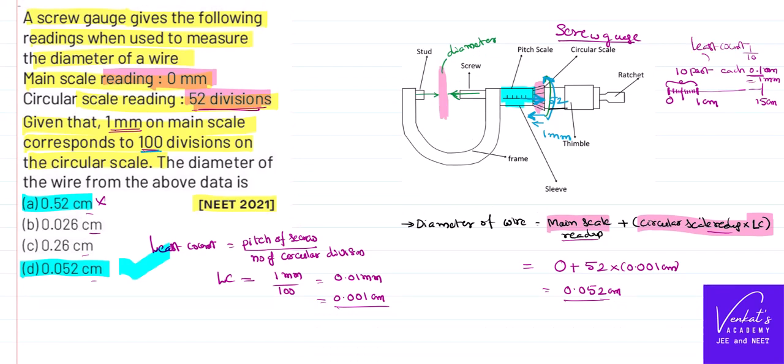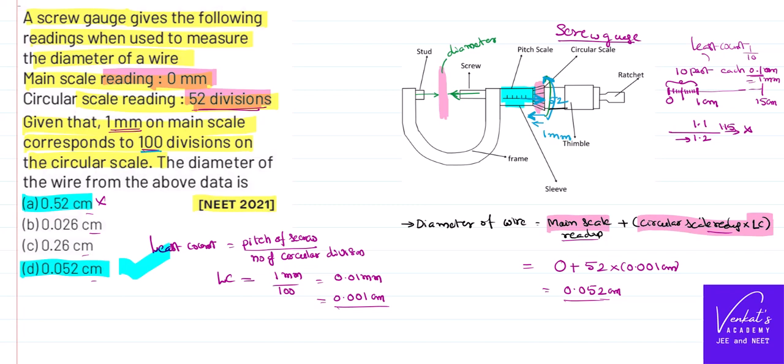So we can say the reading is either 1.1 or next it will go to 1.2. If the reading is in between 1.1 and 1.2, like 1.15, using an ordinary scale you cannot find it out, because its least count is limited to only 1 millimeter.